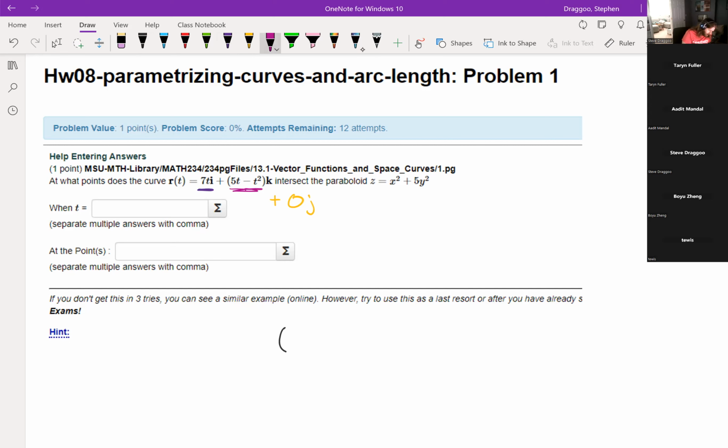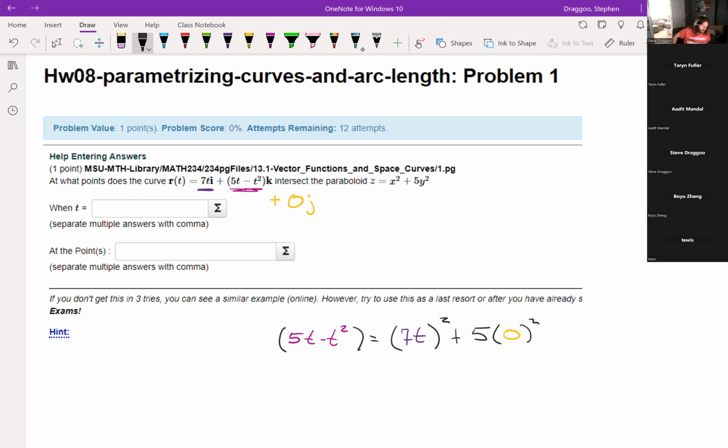Instead of z, 5t minus t squared equals, instead of x, I want to write 7t, that thing squared, plus 5, and instead of y, I want 0 squared.